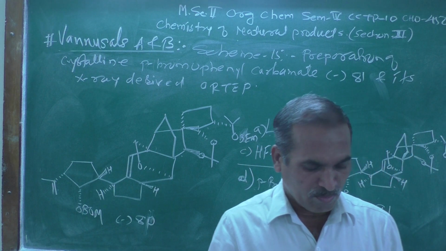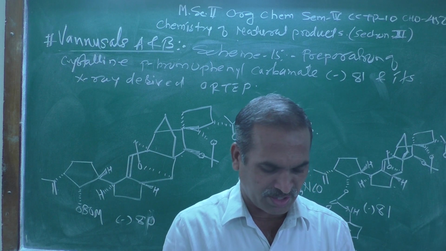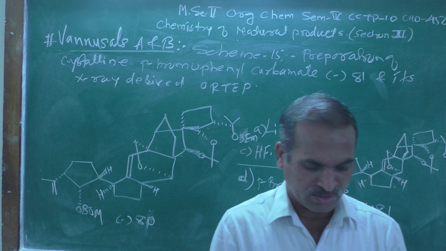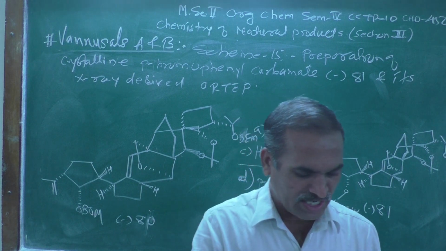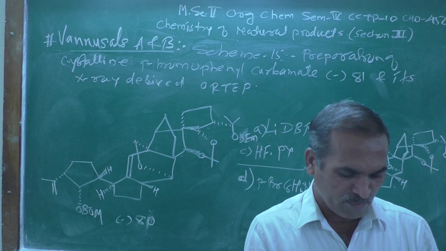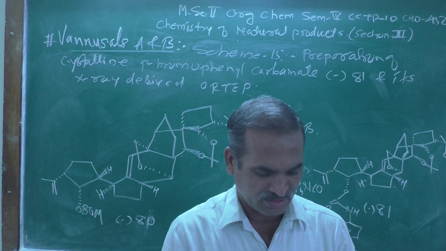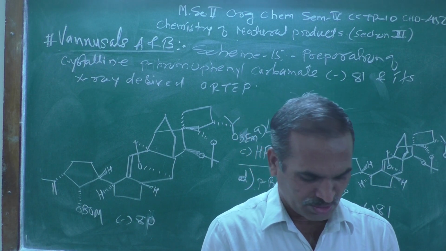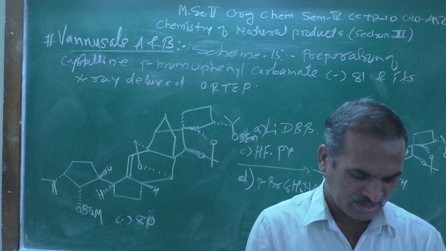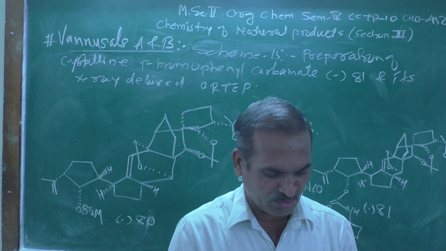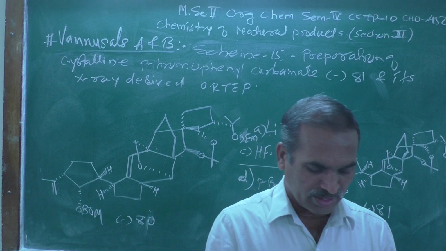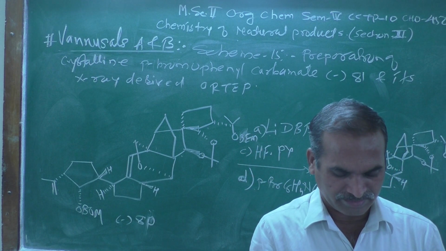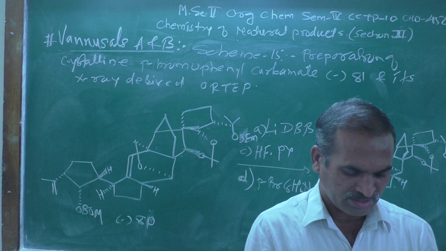Sequential removal of the BOM group with LiDBB in 90% yield and the SEM group with HF-pyridine in 93% yield, followed by selective installation of the bromophenyl carbamate group at C29 with p-BrC6H4NCO and pyridine in 84% yield, then led to crystalline derivative minus 81, melting point 182 degrees centigrade from acetic acid and hexanes.